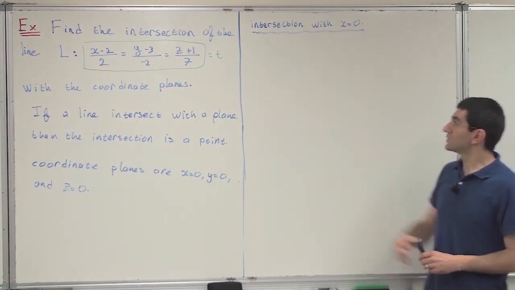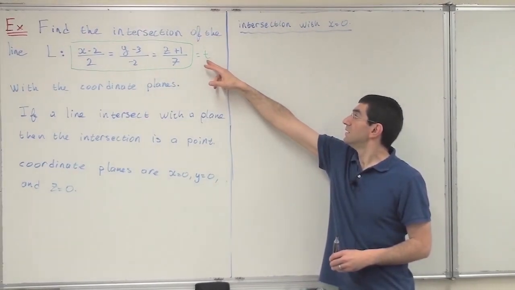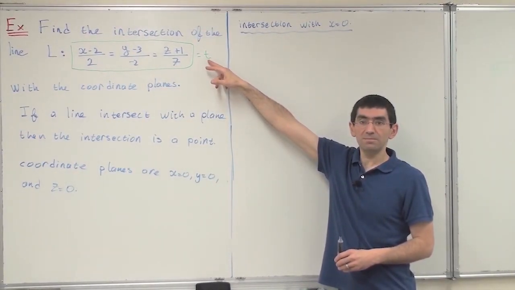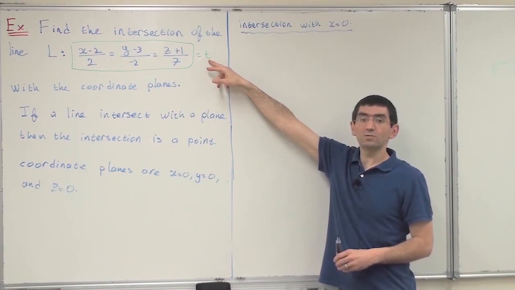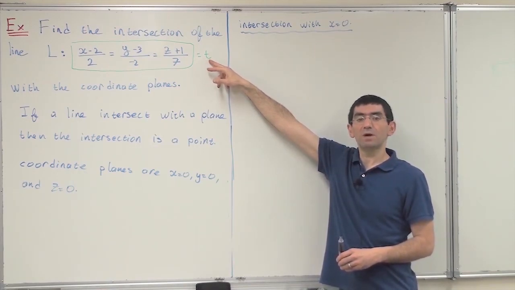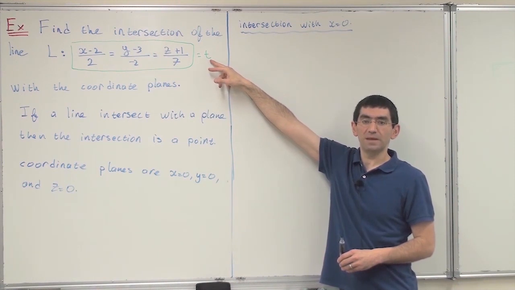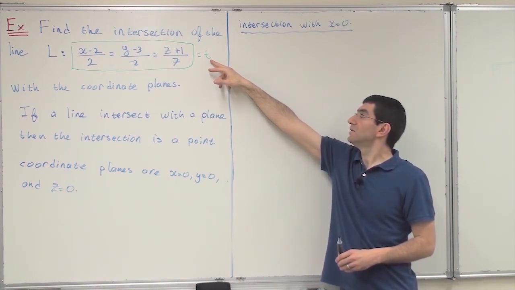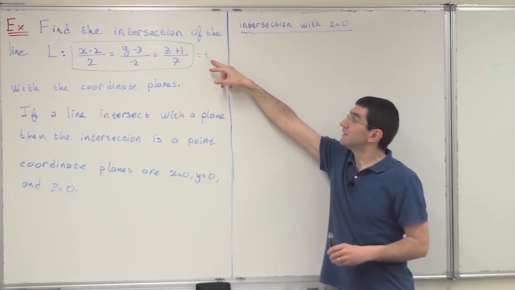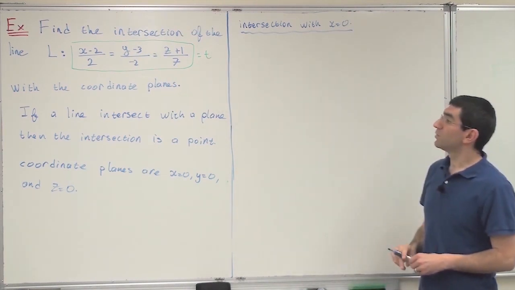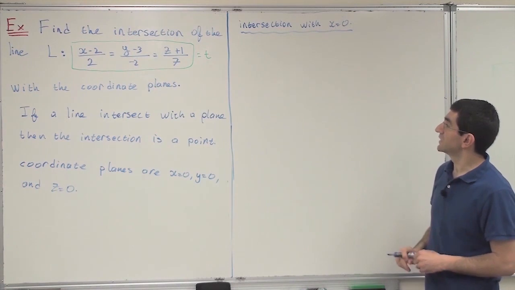If you consider this parameter as time, what we will do is, first of all, find the time when the intersection will happen. And then, using that time, we will find the components of the point of intersection.